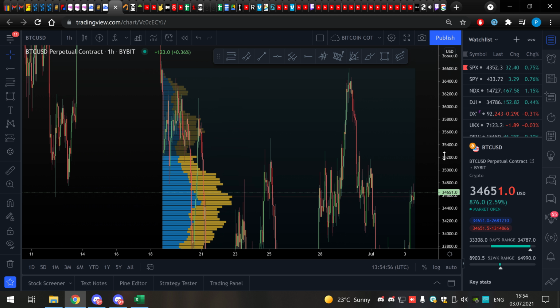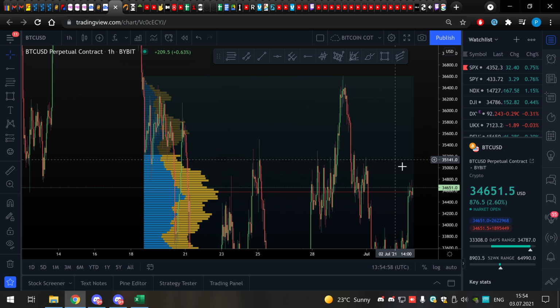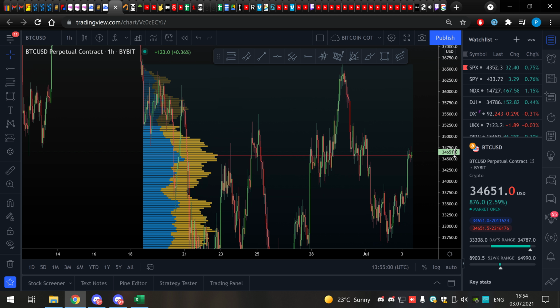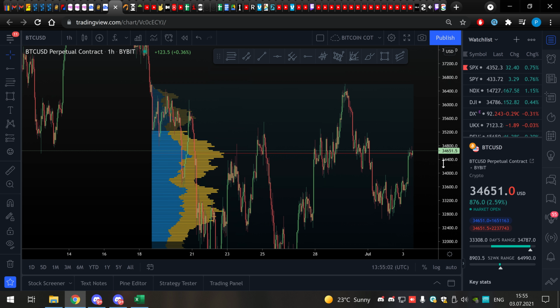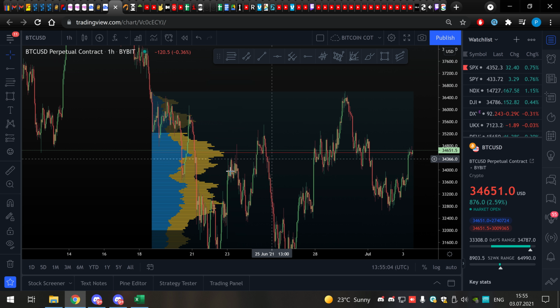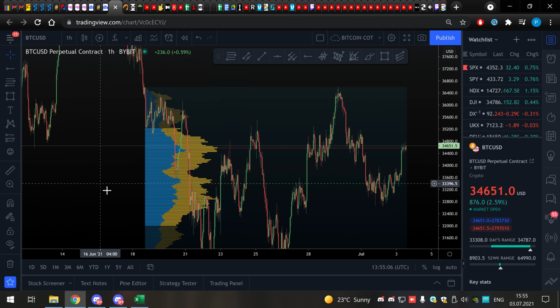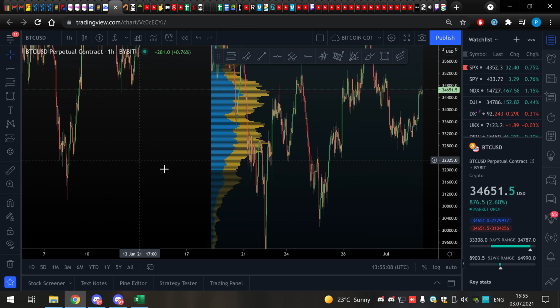This is the most immediate range. And they already have the point of control over here, and it's stopping us. Okay.